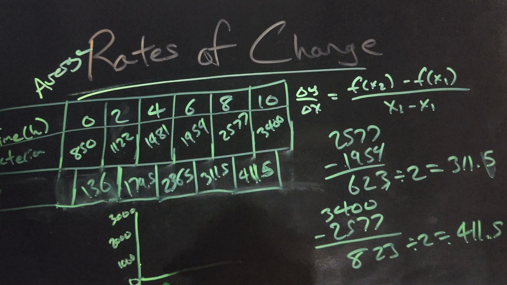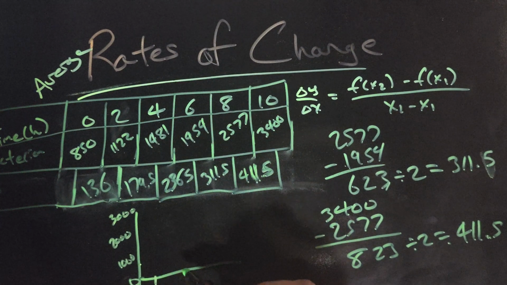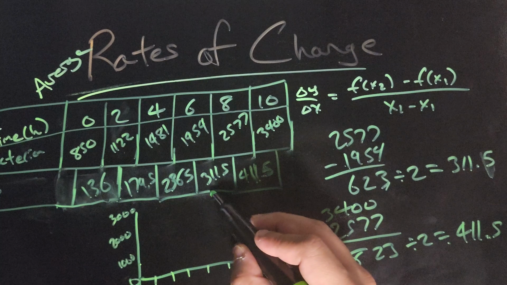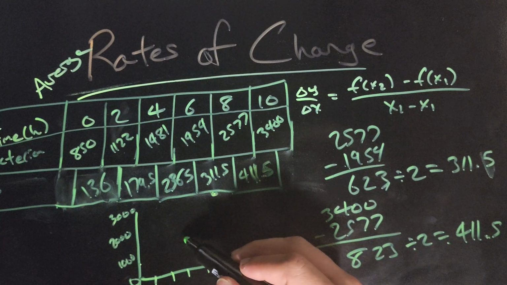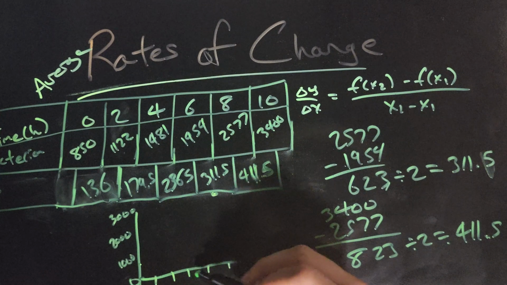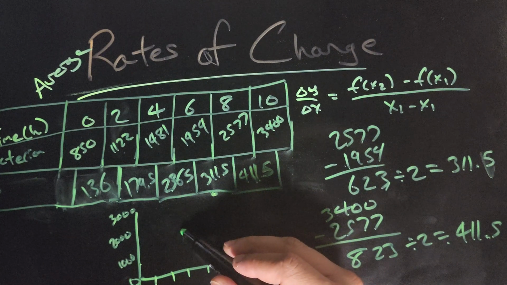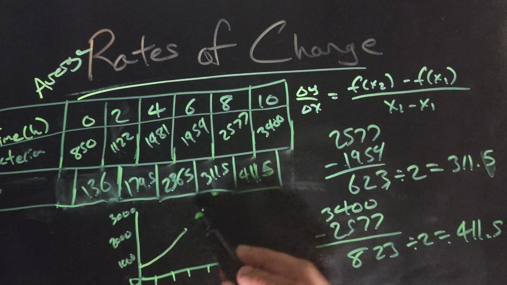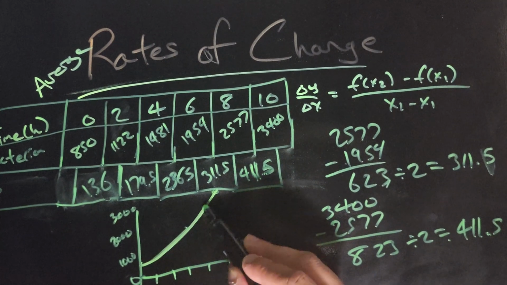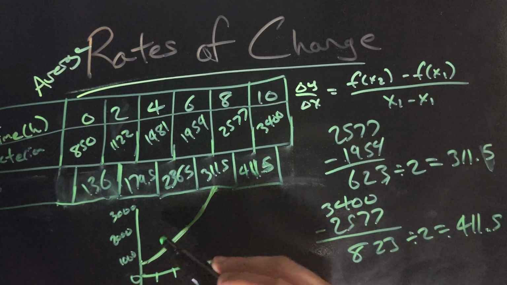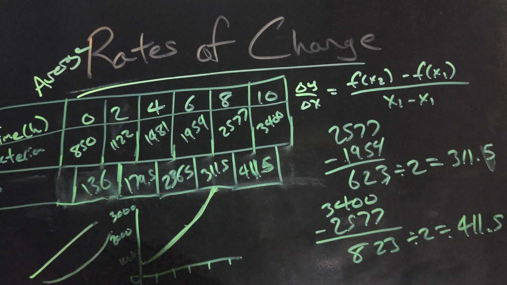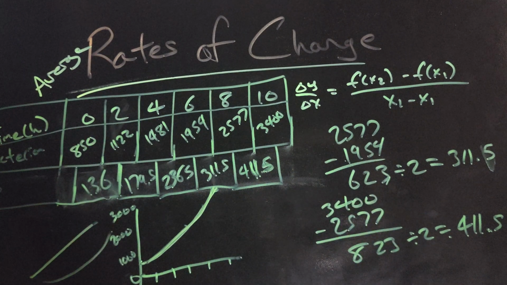You start here, and then you do intervals of 0, 2, 4, 6, 8, 10. 6 is somewhere in the 1900s, 8 is like 25 something. My point is, it's not a straight line, it's actually a slight curve, and that is the rate of change, which is changing.